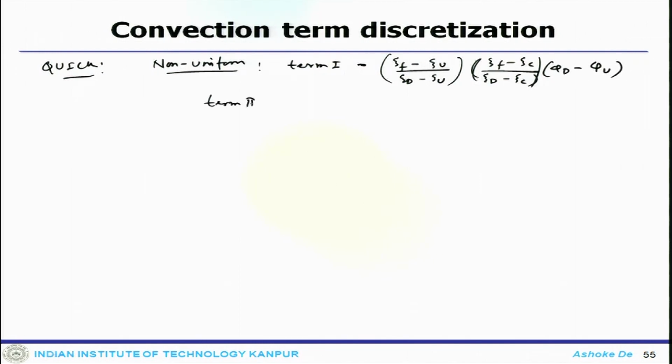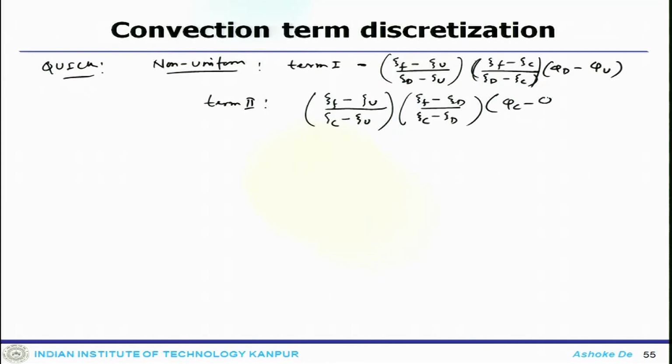And term 2 would look like xi f minus xi u over xi c minus xi u, xi f minus xi d over xi c minus xi d, phi c minus phi u.